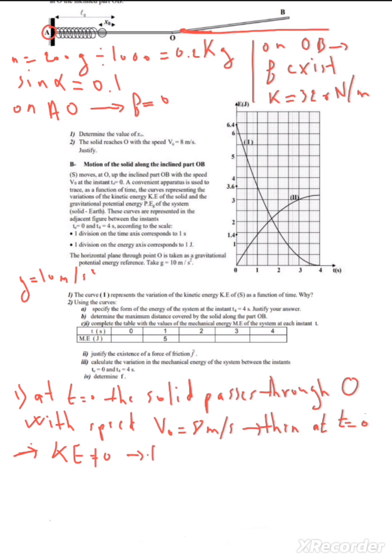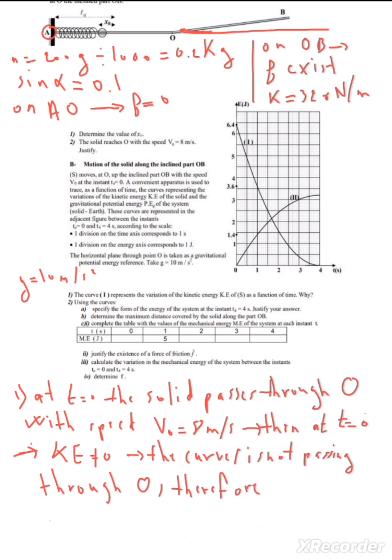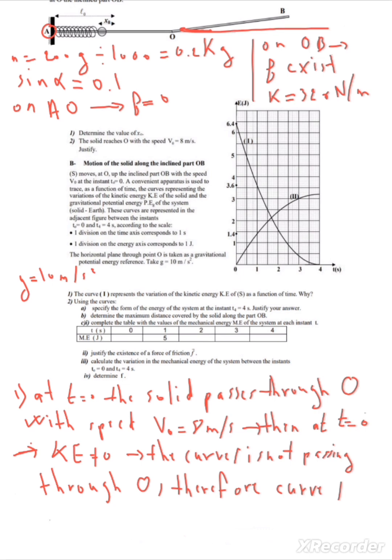So the curve 1 is not passing through O. Therefore, curve 1 represents the kinetic energy.